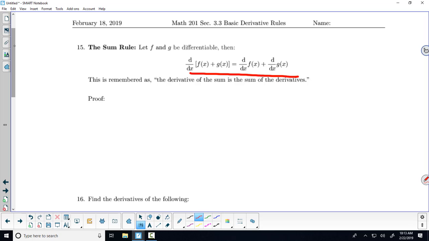That's why I've been trying to highlight every time we've seen the mold. But when we get to products and quotients, realize it doesn't work out the way you might hope. It would be nice if derivatives of products and quotients would just follow, as you would expect. I don't even want to say what they would be. But there's two complicated rules there, your product rule and quotient rule.